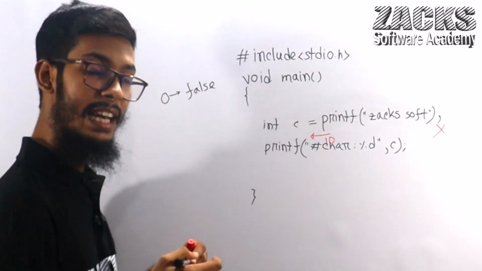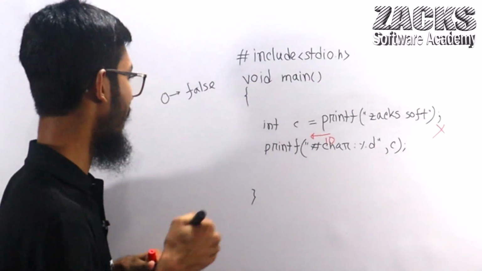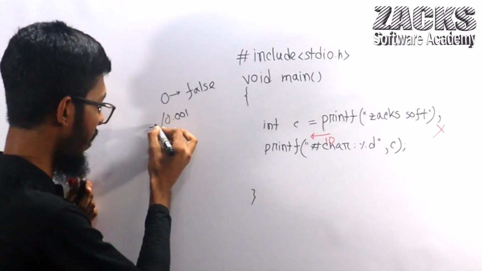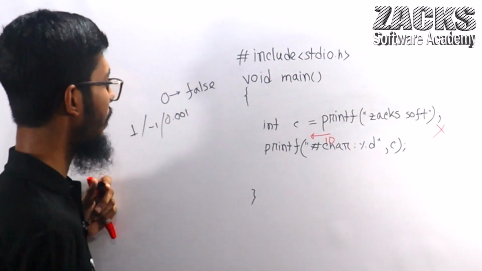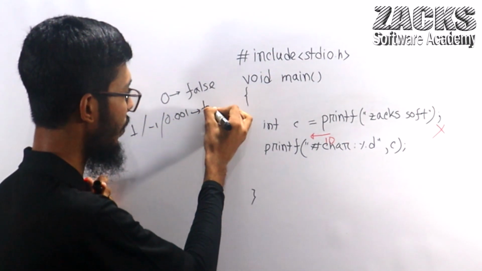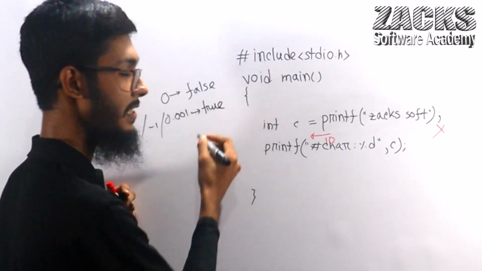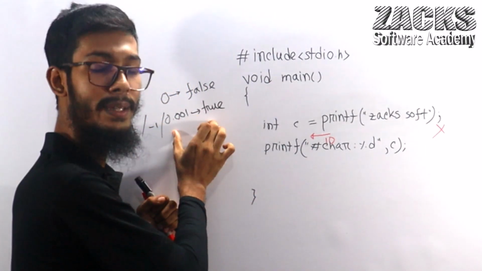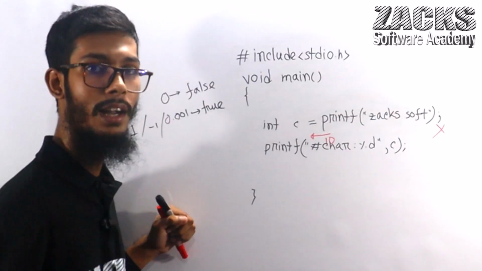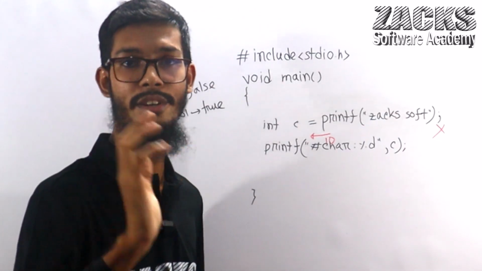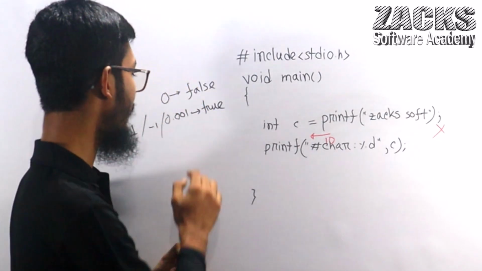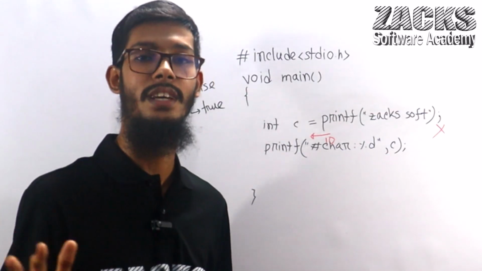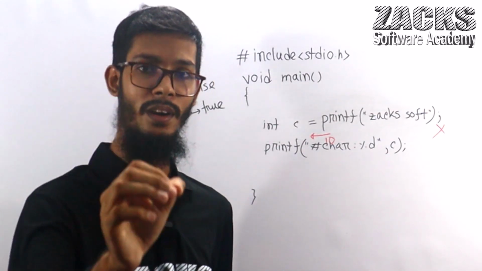Zero means false, right? And any non-zero value, for example 0.001, or -1, or 1, is considered true. In these programming languages this concept is available, but there is no such terminology, zero means false and any non-zero value means true, in the Java programming language.